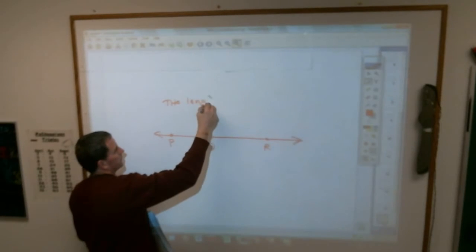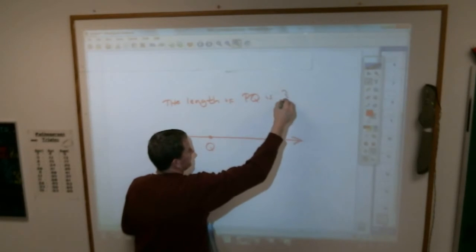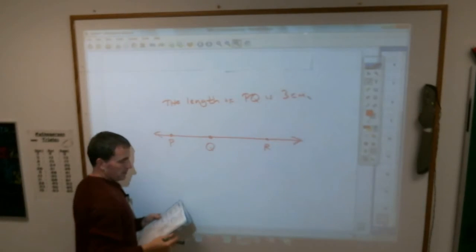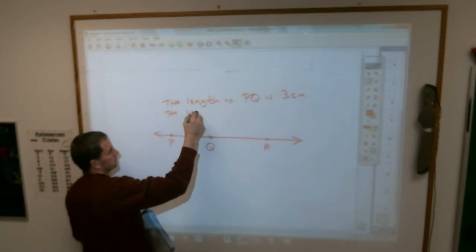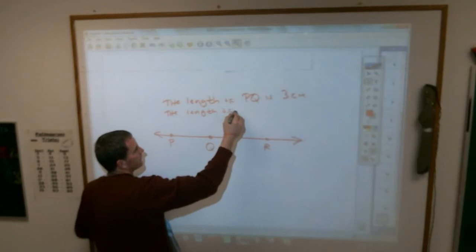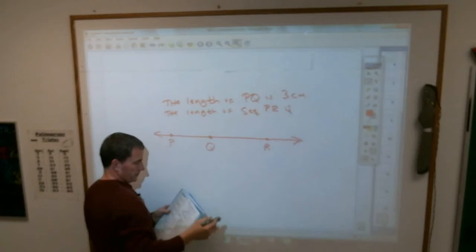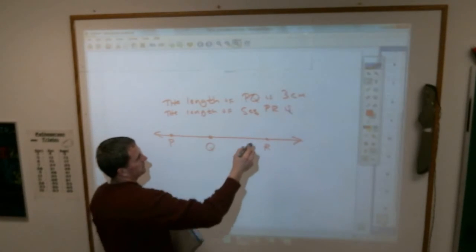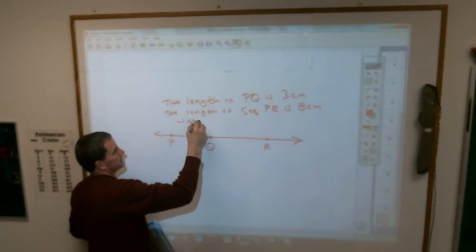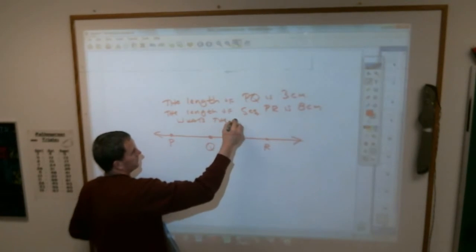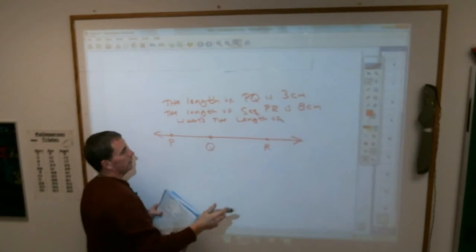The length of segment PR is 8 centimeters. What's the length of QR?